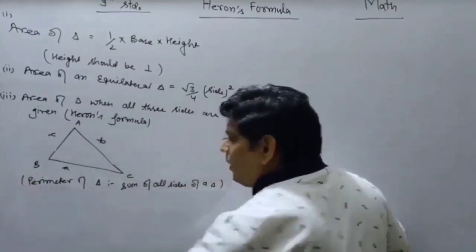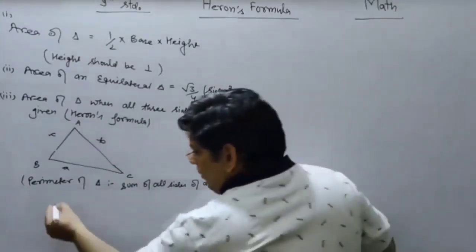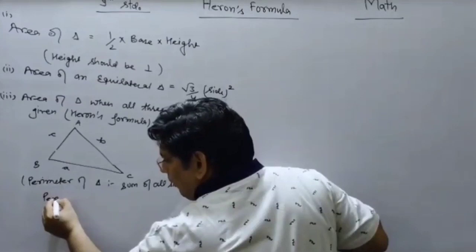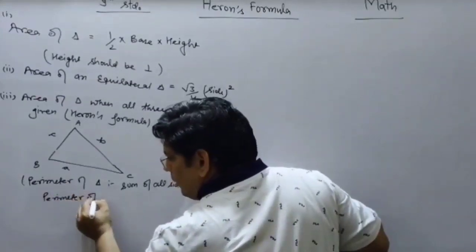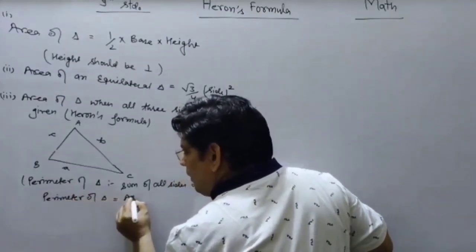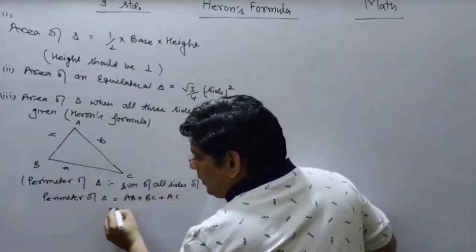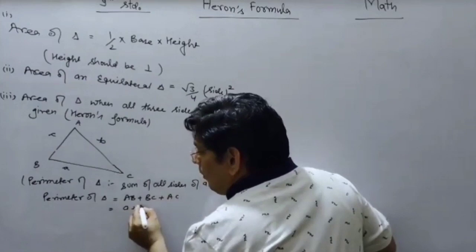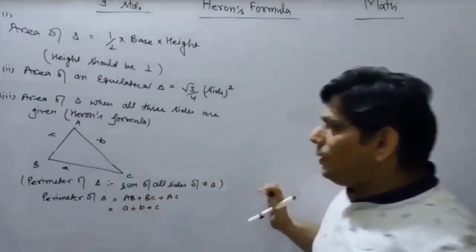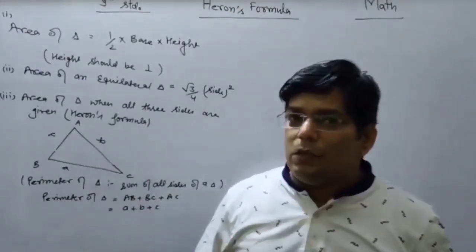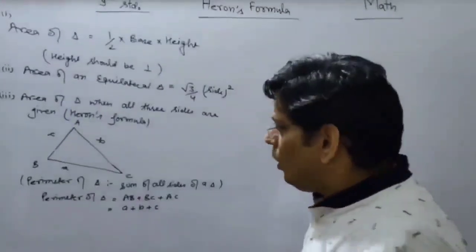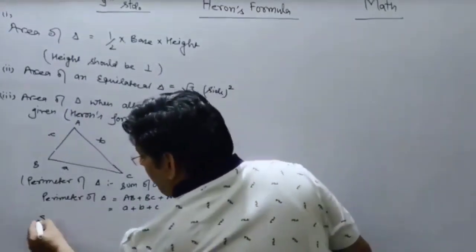So the perimeter of a triangle equals AB plus BC plus AC, or you can say also a plus b plus c.